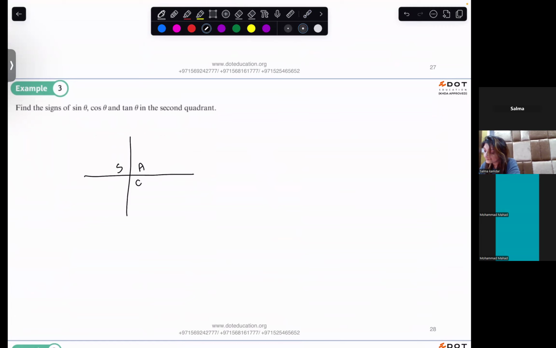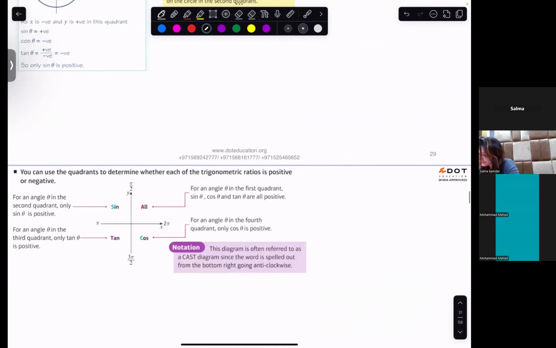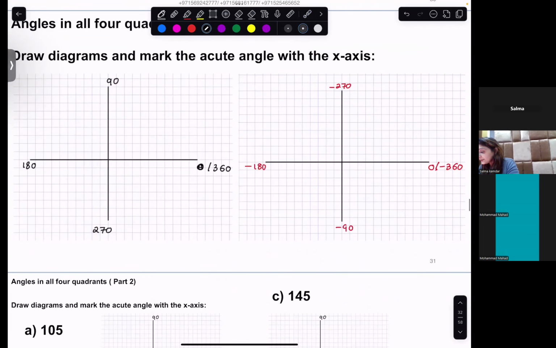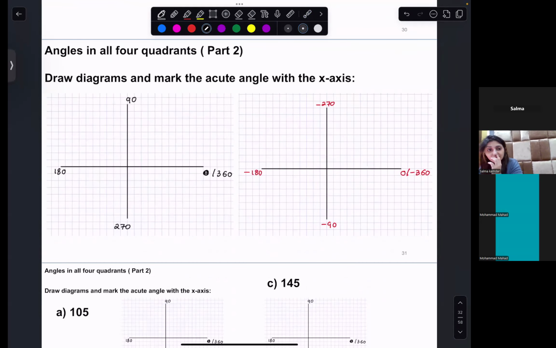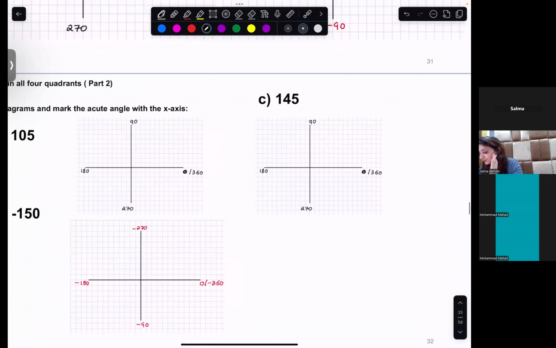Sine theta is going to be positive, cos is going to be negative, and tan is going to be negative. Very good. Now there is part 2, if you could see. I'm giving you 2 minutes. You have to draw diagrams and mark the acute angle with the x-axis. 3 for you to try.